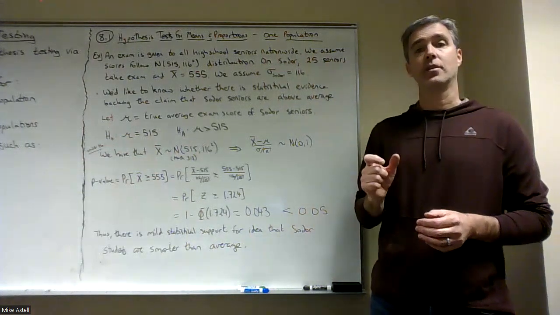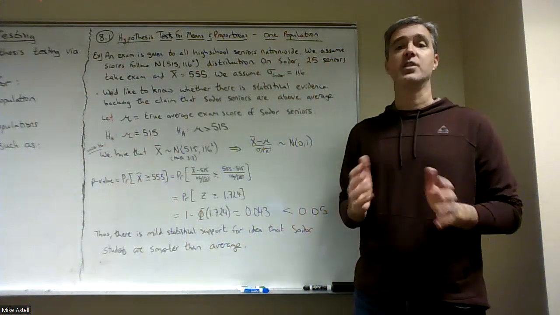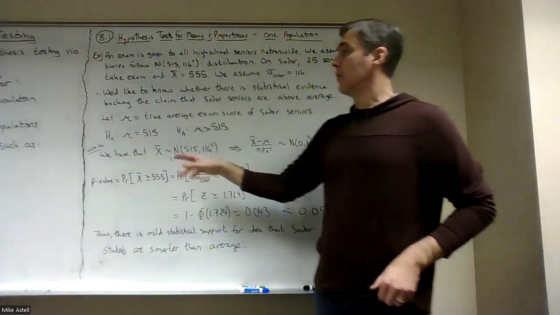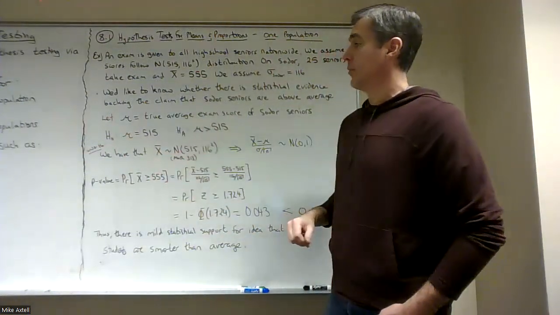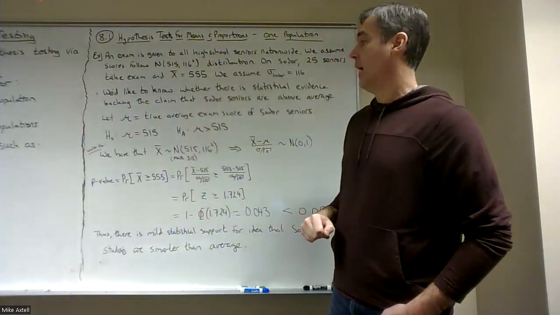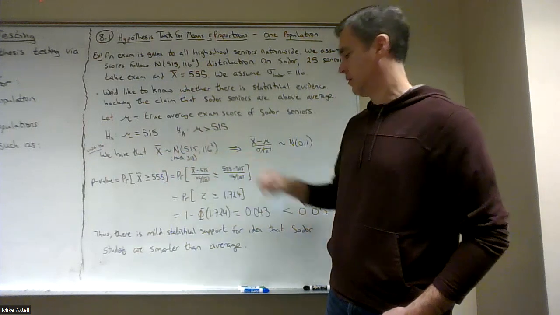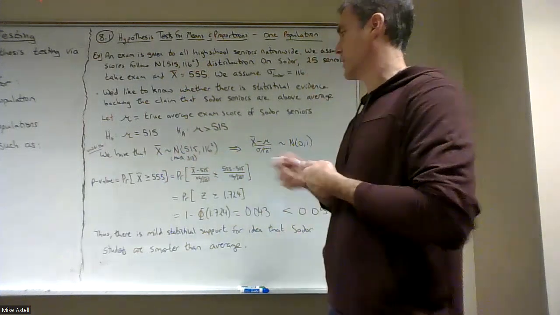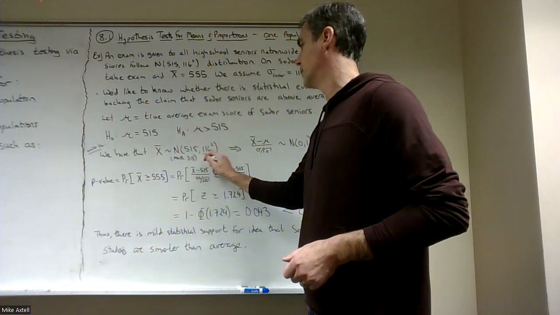It's like the central limit theorem, but since X1 up through Xn were normal, their average is still normal. So under the null hypothesis, X bar would be normally distributed, sharing the mean of the original population, and its variance would not be 116 squared but 116 squared over 25.